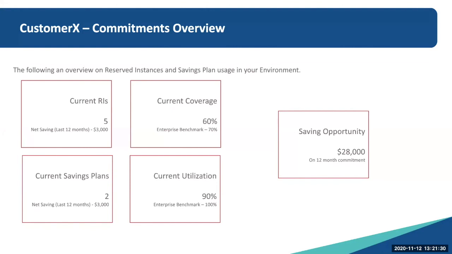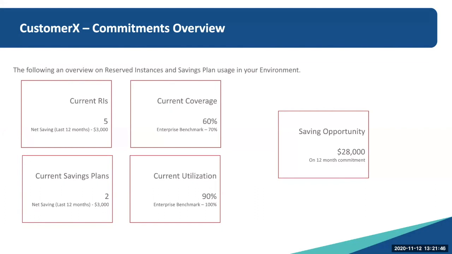They allow you to commit to that for a 1 or 3 year period, and provide a fairly significant discount. Some of those range anywhere from 40 to high 60% in those discounts.